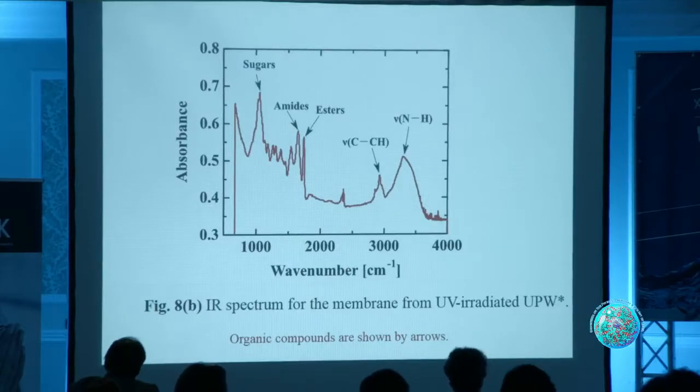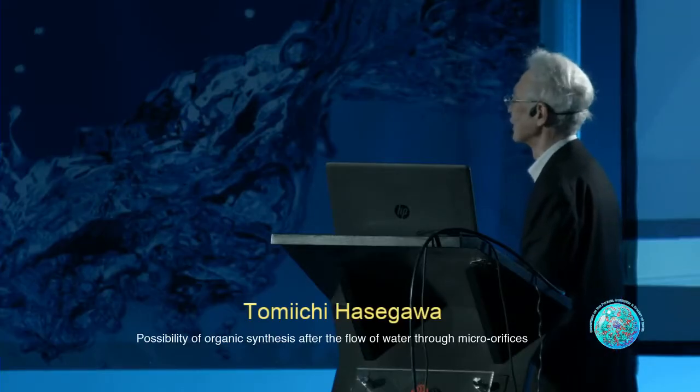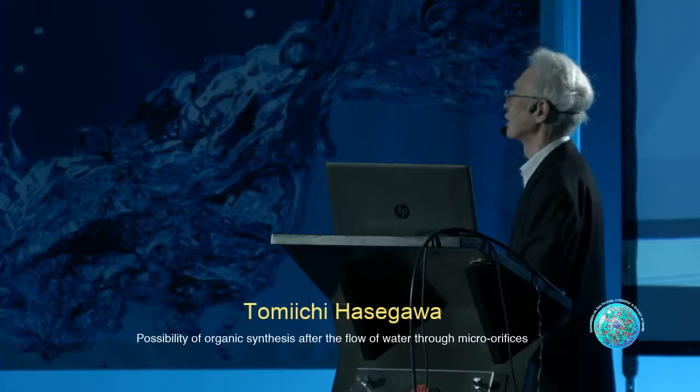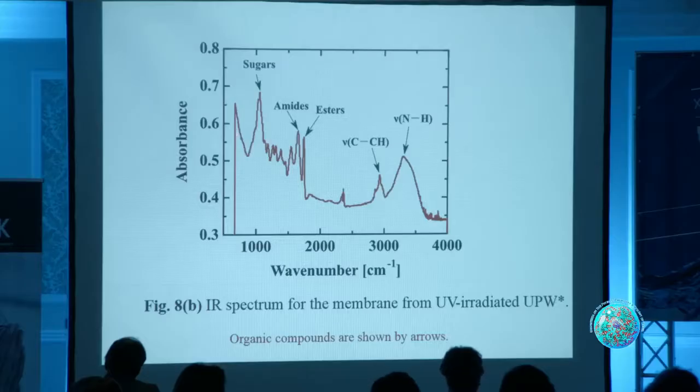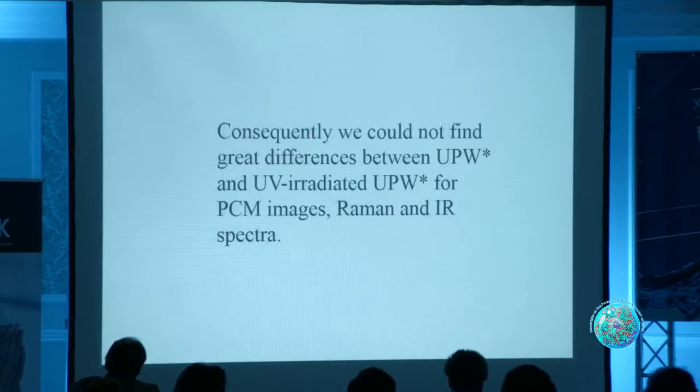This figure shows the IR spectrum for the membrane from UV irradiated UPW*. Many organic compounds are found, and peaks of organic compounds are seen and shown by the arrows. Consequently, we could not find great differences between UPW* and UV irradiated UPW* for PCM images, Raman, and IR spectra.